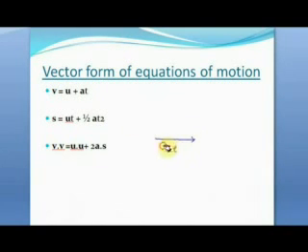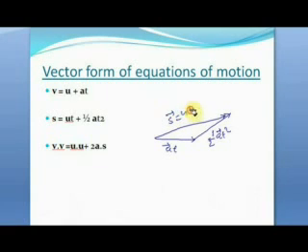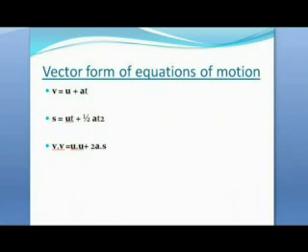So again we can think of it as, suppose this is ut, here u is vector and t is scalar, so this is the case of a scalar being multiplied to a vector quantity, and this is half at square. So this will be our displacement vector, that is s, which is equal to ut plus half at square.